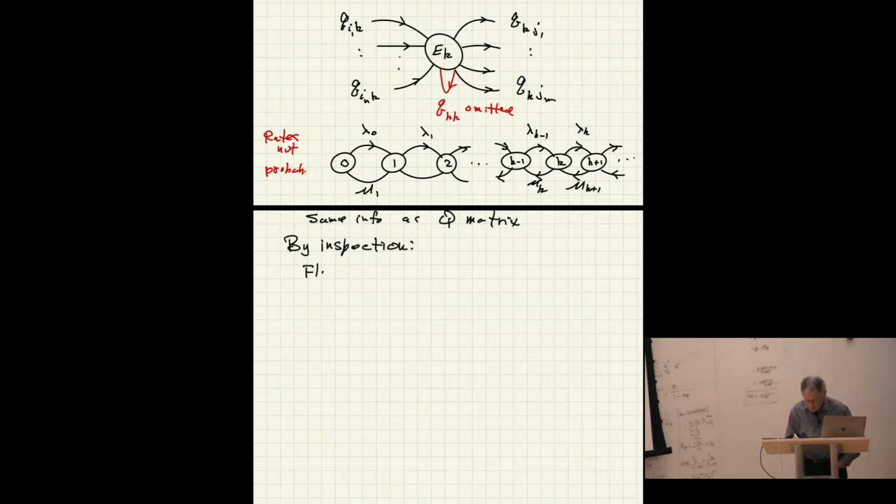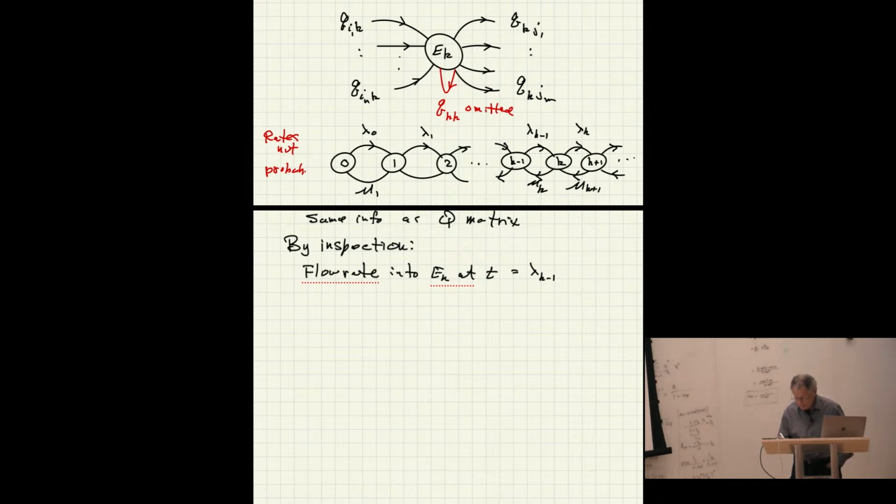The flow rate into EK at time t is equal to, well, again, how much is flowing into K? From below, whatever is coming at a rate lambda K minus 1. That's the rate.